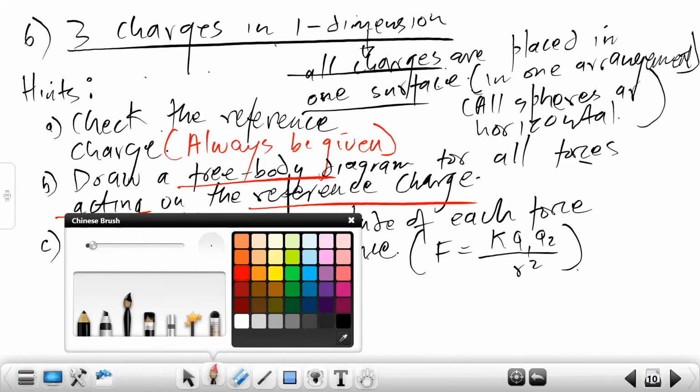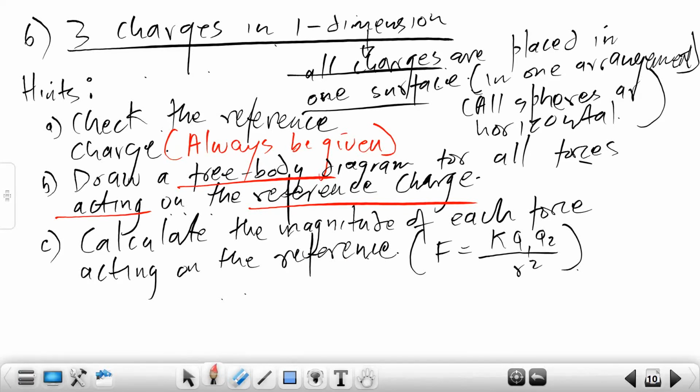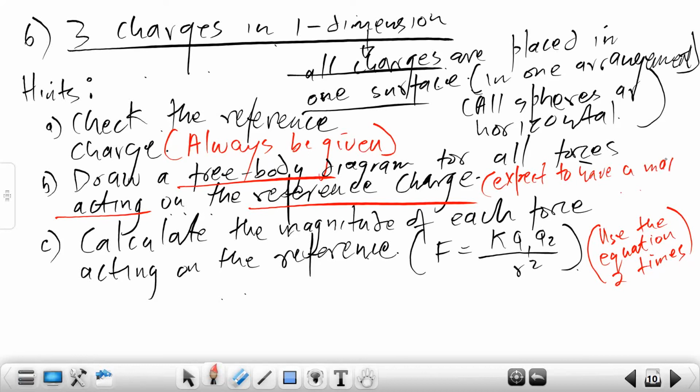Once I have three charges, as a hint of how to approach this, it means use the equation 2 times, because you will always have a force from sphere 1 and then a force maybe from sphere 2. So we will always have a maximum of 2 forces. So as a hint, expect to have a max of 2 forces.